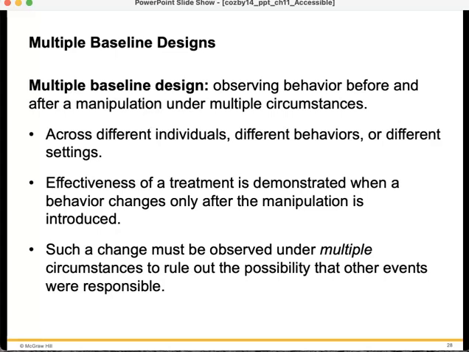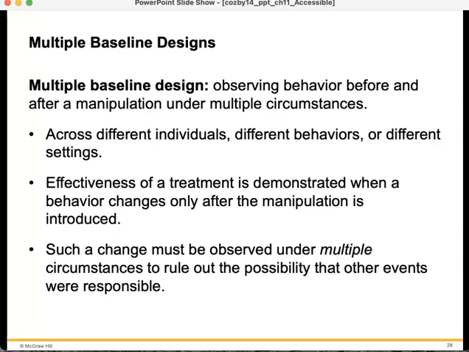In a multiple baseline design, the effectiveness of the treatment is demonstrated when a behavior changes only after the manipulation is introduced. To demonstrate the effectiveness of the treatment, such a change must be observed under multiple circumstances to rule out the possibility that other events were responsible.